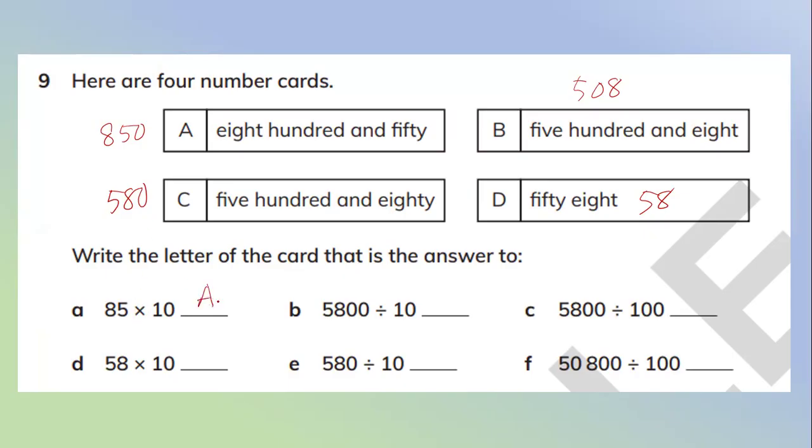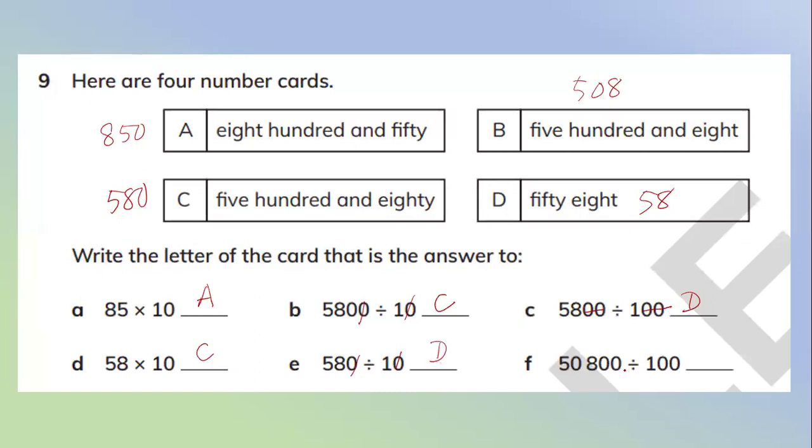This is A. 5,800 divided by 10, the answer is 580. This is C. And 5,800 divided by 100, our answer is 58. 58 is D. And 58 times 10 is 580. It is C. 580 divided by 10 is 58. This is D.